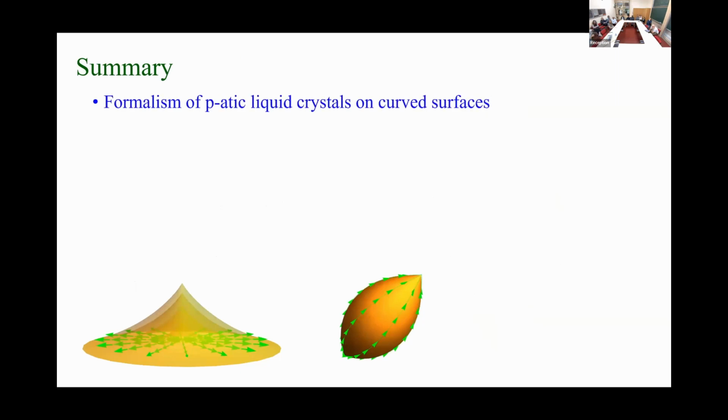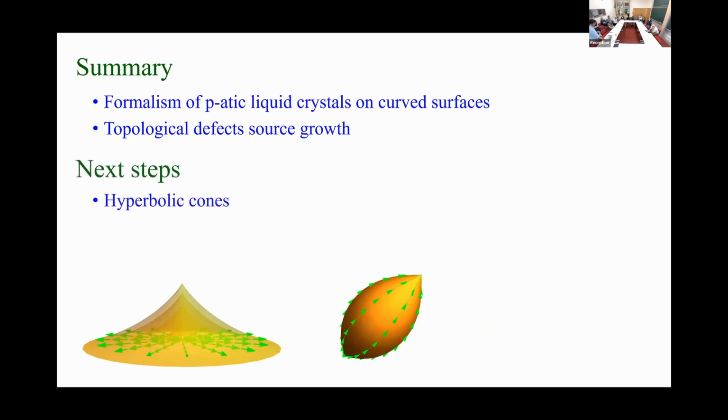To summarize, we set up a formalism of crystals on curved surfaces, and then we applied this to this specific system, and we showed how topological defects can source growth. Next steps that we're working on: one, we can consider hyperbolic cones, meaning that instead of positive Gaussian curvature, we have negative Gaussian curvature at the tip.